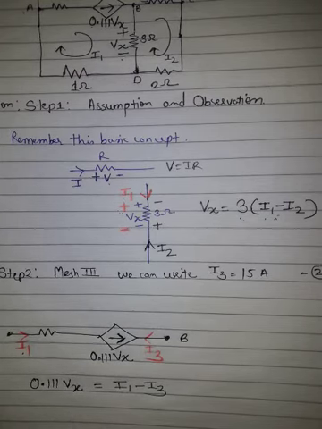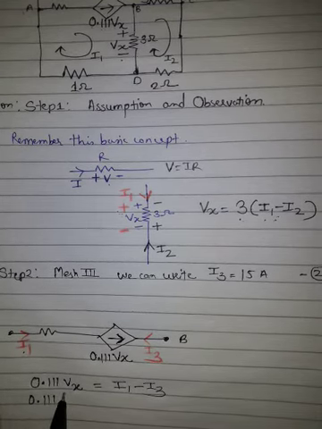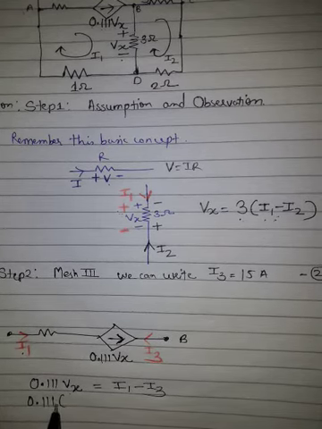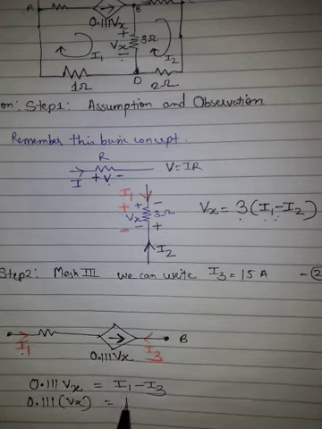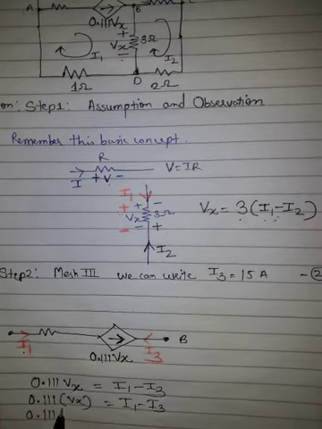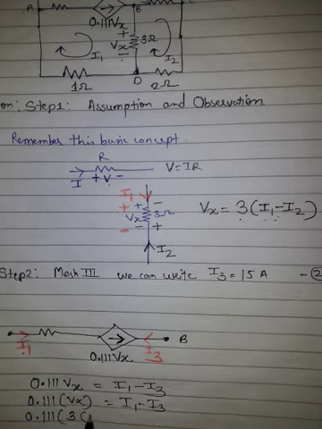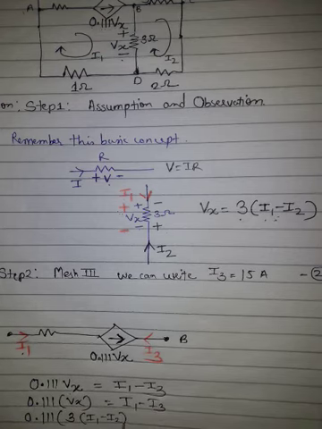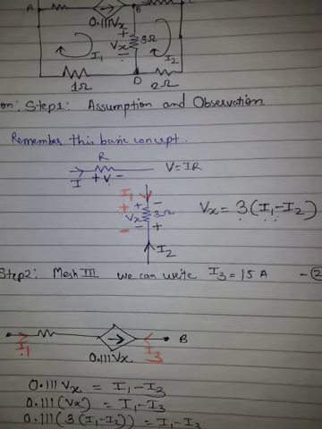If I substitute the value of Vx here, 0.111 Vx is equal to I1 minus I3. So 0.111 into 3 multiplied by I1 minus I2 equal to I1 minus I3.